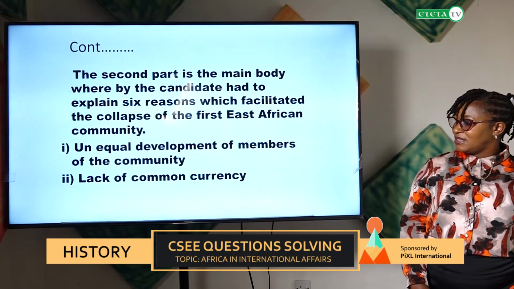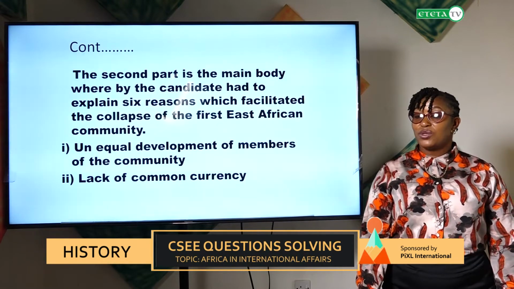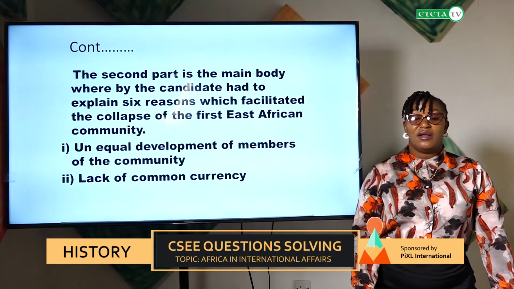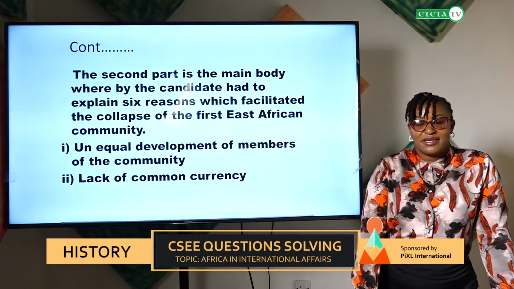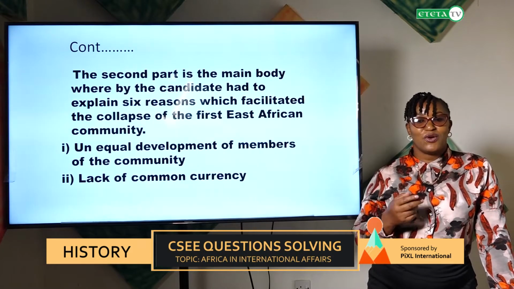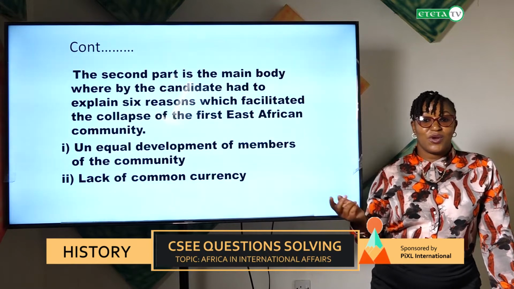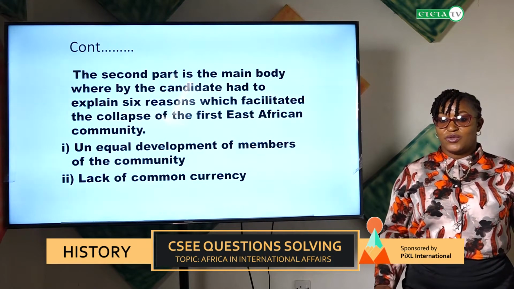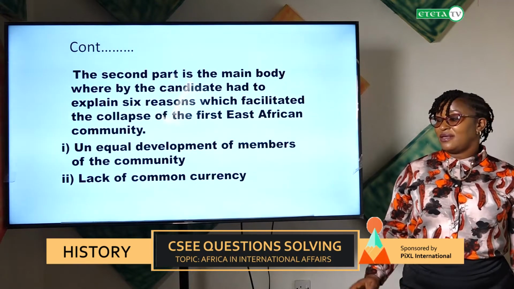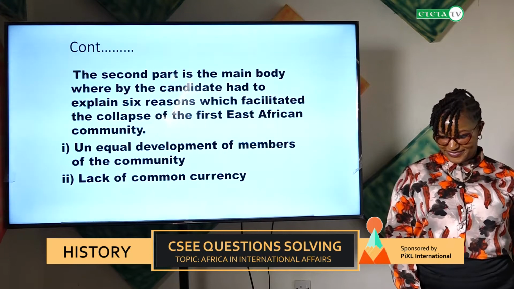The second point is lack of common currency. As we all know, all 3 countries were using different shillings. You cannot compare the shilling of Uganda with the shilling of Kenya. That's why a time came when they had no other choice than to let the East African community collapse.